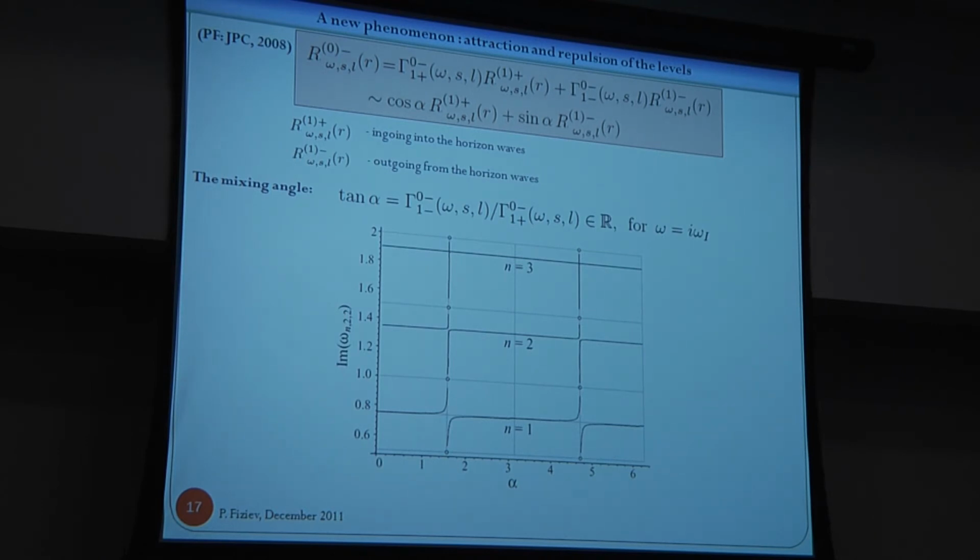As I said, we can consider partial reflection of the waves, and this picture shows the behavior of the frequencies depending on the ratio of waves which go into the horizon and waves which are reflected by the horizon. Of course, this is not a black hole solution.